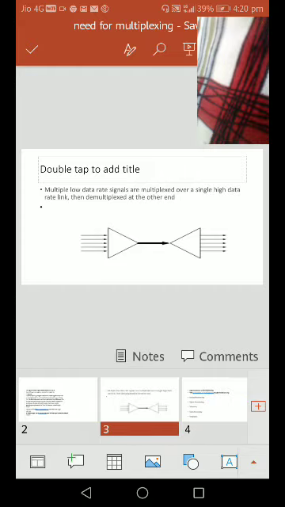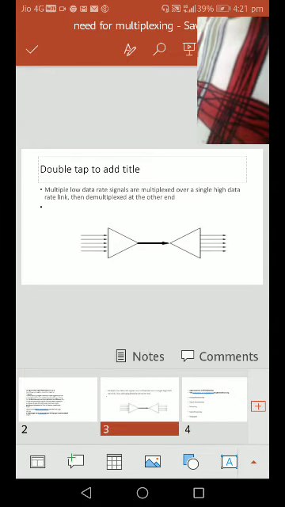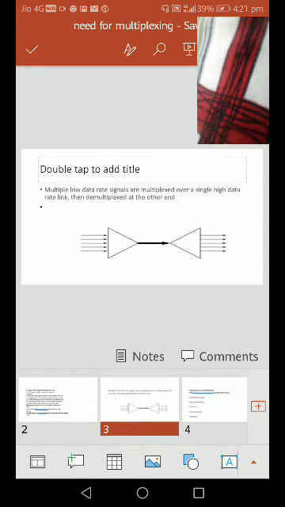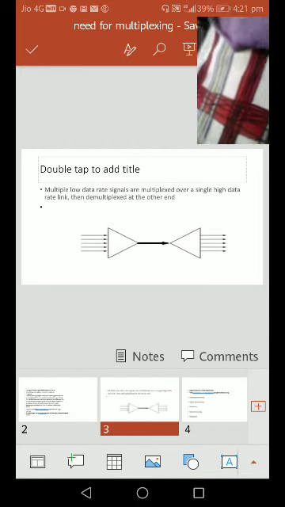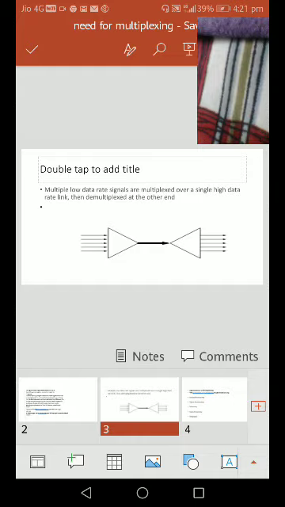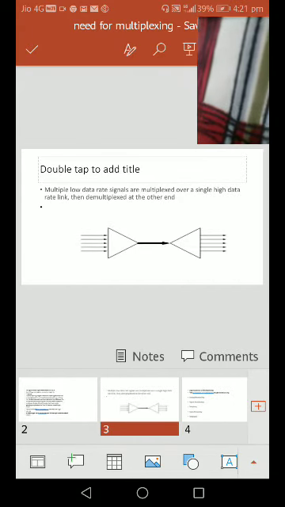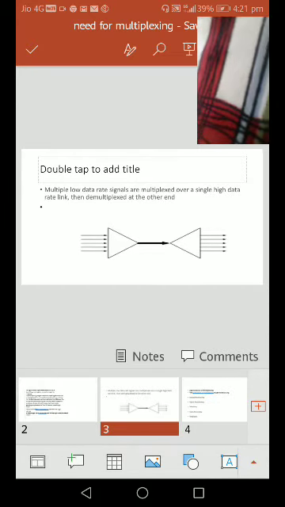Some data may be low speed, some high speed, and analog signals will be low, with different voices and different speeds coming from different sounds. Multiple low data rate signals are multiplexed over a single high data rate link, then demultiplexed at the other end.